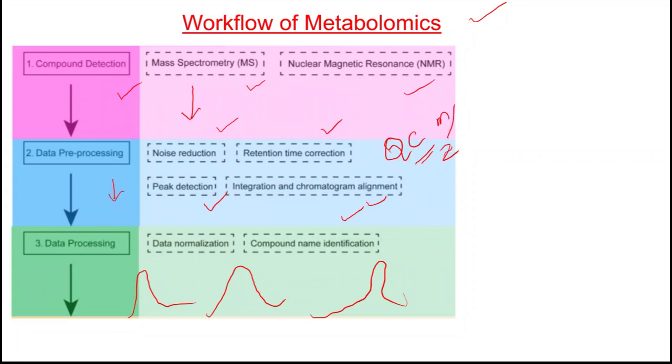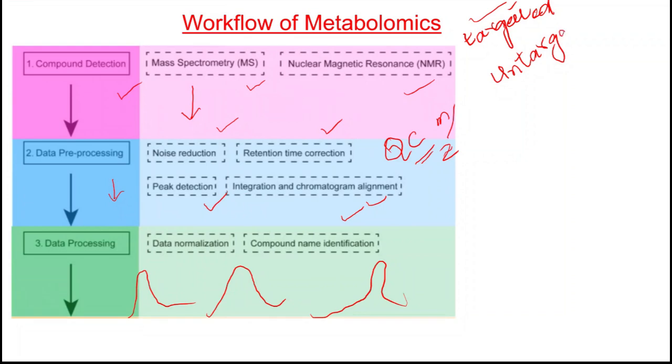Although there are two ways of metabolite detection, it can be targeted and sometimes it can be untargeted.